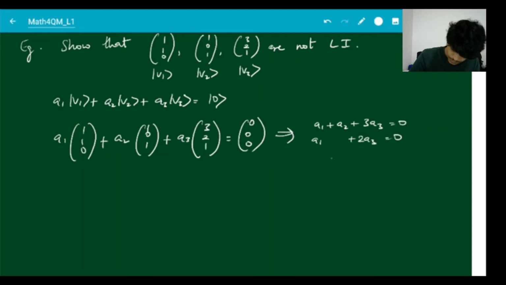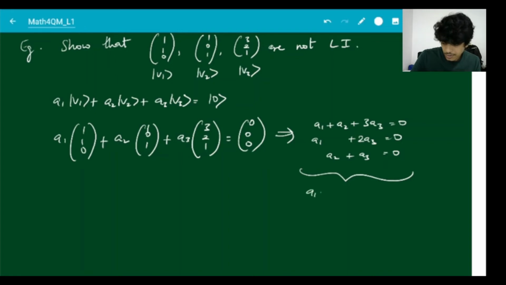And 0 times a1 plus a2 plus a3 is 0. So you solve these simultaneously. I will just write down the answer from my book. Turns out that the solution to these is a1 equal to 2, a2 equal to 1, a3 equal to minus 1.